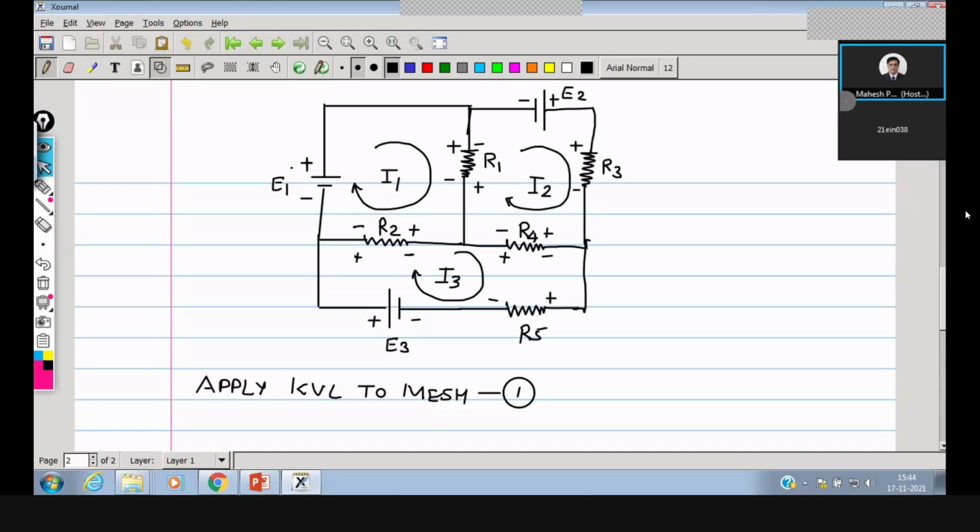First of all, E1, then R1, where two different currents are acting, I1 and I2. Similarly R2, where two different currents are acting, I1 and I3. So here, this is the first term. The second term is due to I1, and the third term is due to I2. The fourth term is due to I1, and the fifth term is due to I3.